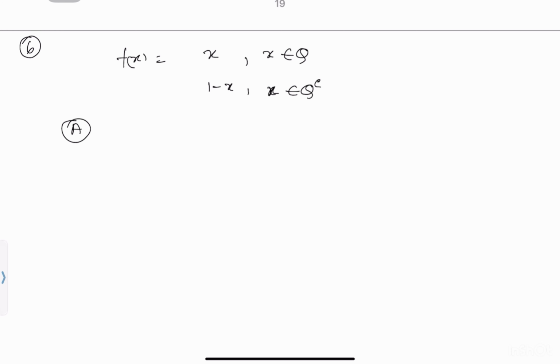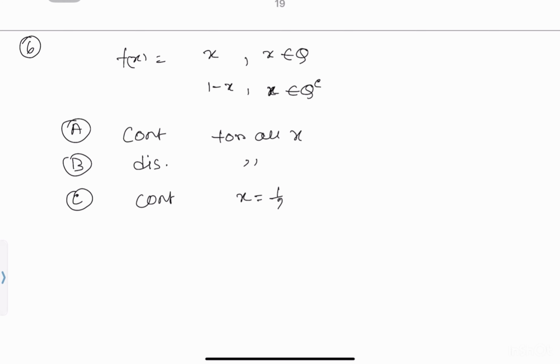Option A: continuous for all x. Second option, discontinuous for all x. C, continuous at x equal to 1 by 2. D, discontinuous at x equal to 1 by 2.